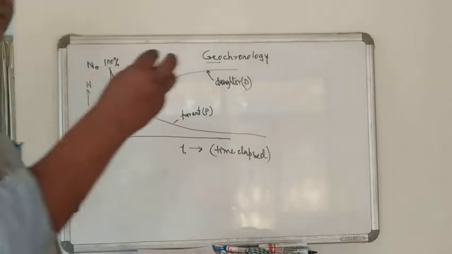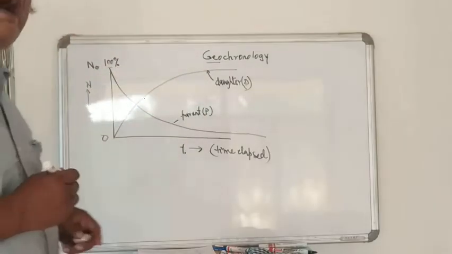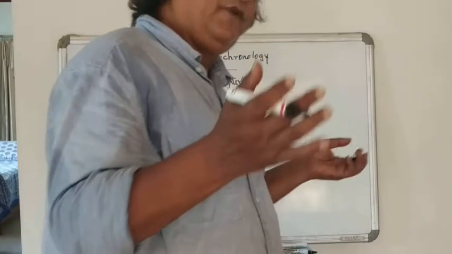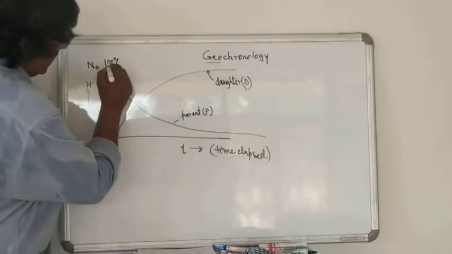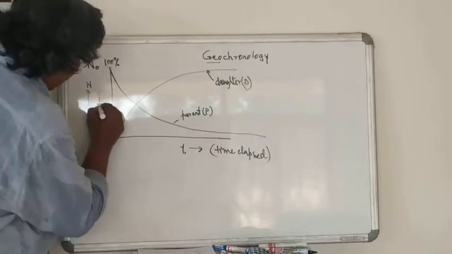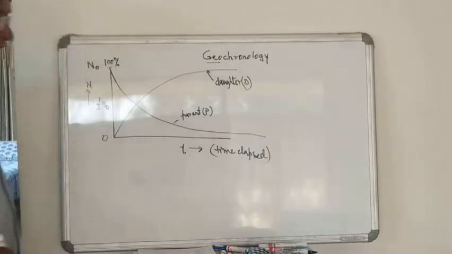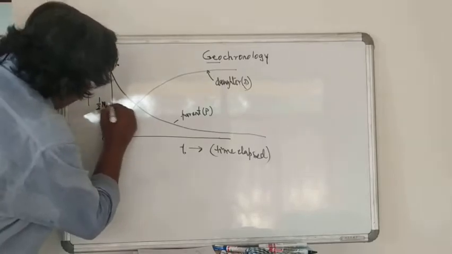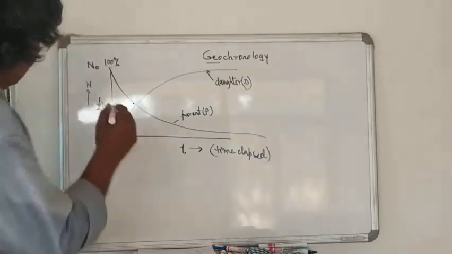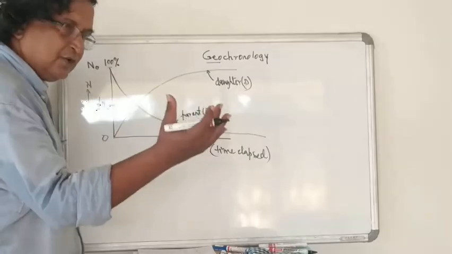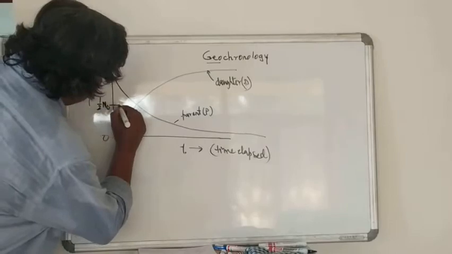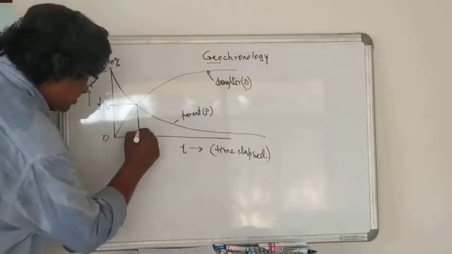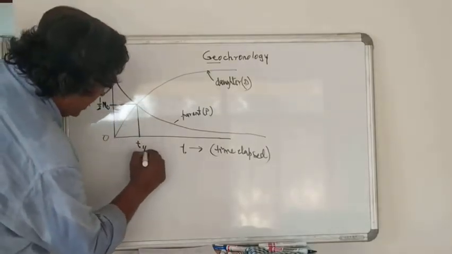An important aspect in this is called half-life. All of you know this, so I don't have to dwell on it greatly. Half-life is where it is half N0. This is the point, it's half N0. When a particular parent nuclei loses half of its mass, this time is called half-life, T half.